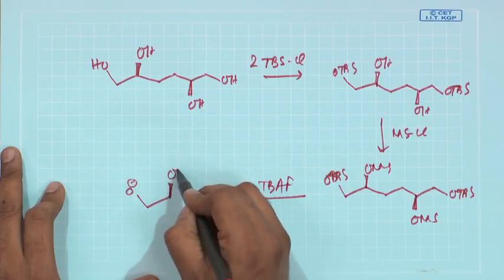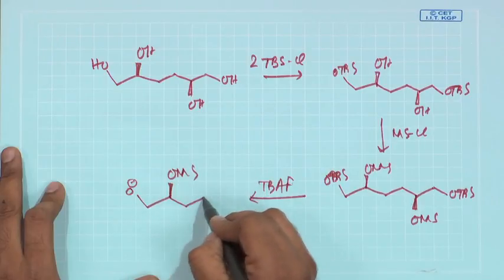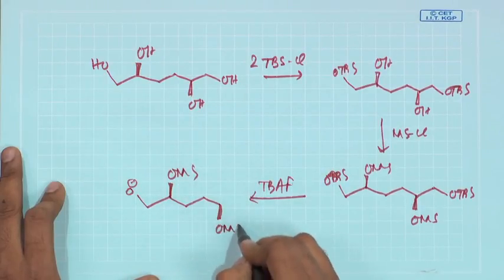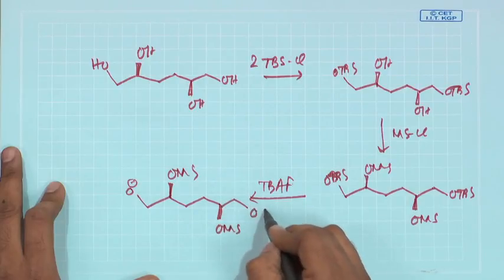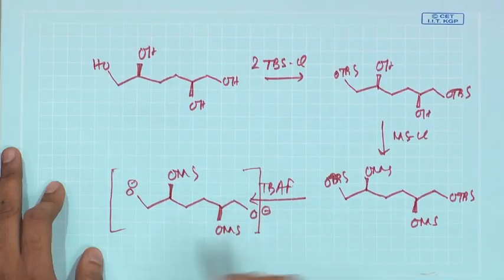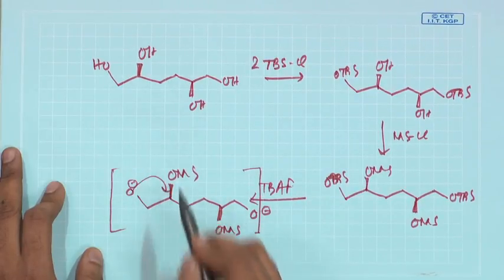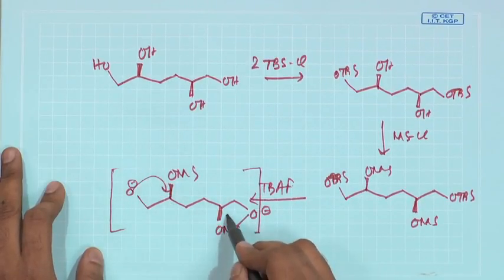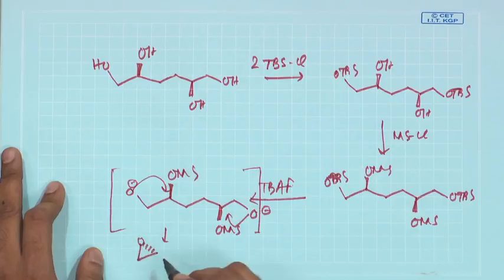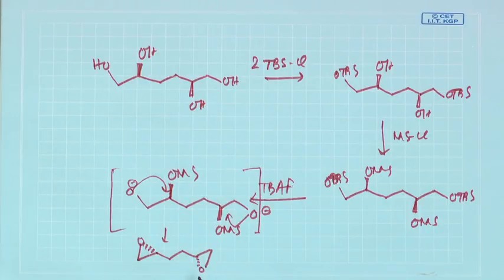Now, this O minus intermediate intramolecularly reacts in an SN2 fashion, giving a backside attack, to give you the epoxide of the other enantiomer.